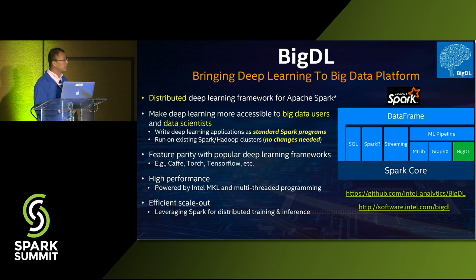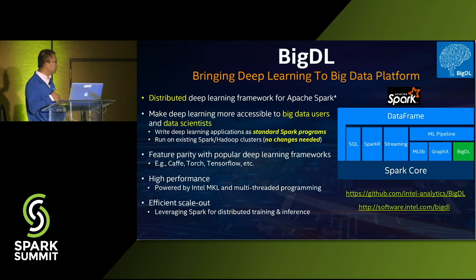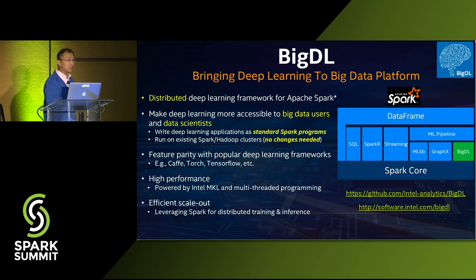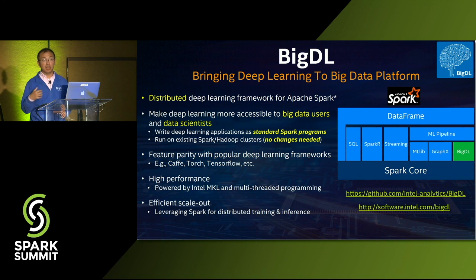It is optimized for that environment with both high performance, through various optimizations such as Intel Math Kernel Library and multi-thread programming, as well as efficient scale-out. It leverages Spark for very large-scale distributed training and inference, and it also has a very efficient implementation of synchronous mini-batch SGD and all-reduce type of communications on top of Spark.